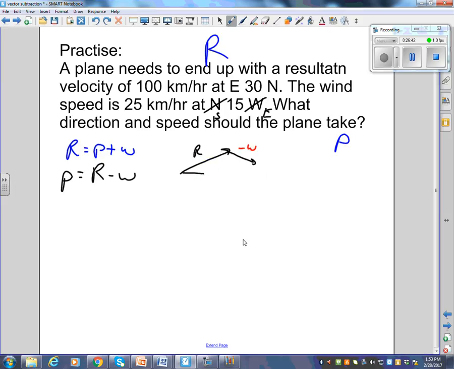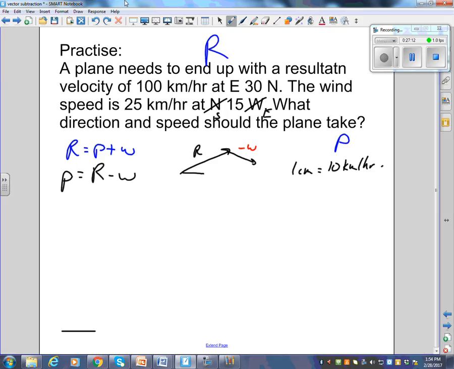So now I'm going to do it for real. I'm going to draw a reference line. I'm going to have to come up with a scale too, aren't I? 1 centimeter equals, I got 100, I got 25, 10, okay. 10 kilometers per hour. I got to go east 30 north, east 30 north.